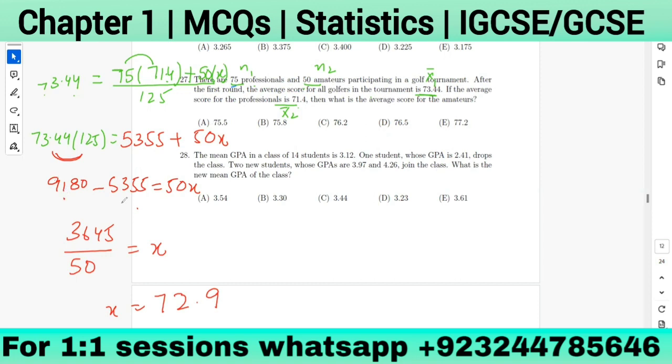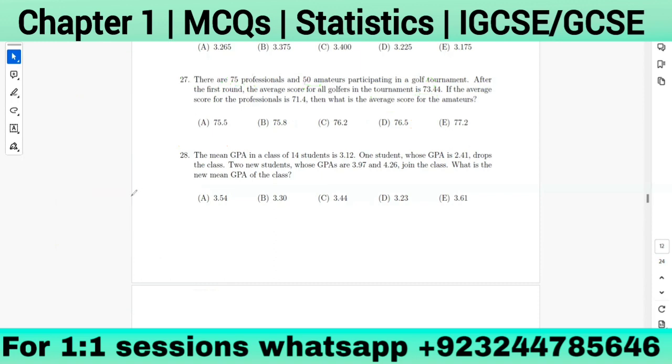Subtract this again. 3825. So you did the subtraction wrong. You said 3650. It's 3825. Now do the division. 76.5. Yes. So 76.5, option D is the correct answer.